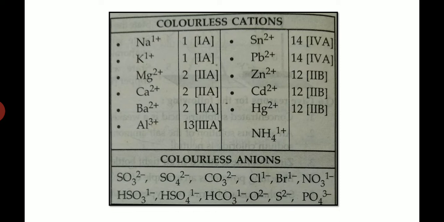So, sodium, potassium, magnesium, calcium, barium, aluminium, lead, zinc, cadmium, ammonium, all these cations are colorless. And these anions like sulfate, sulfite, carbonate, chloride, bromide, bisulfate, bisulfite, bicarbonate, oxide, phosphate, nitrate, all these anions are white in color.